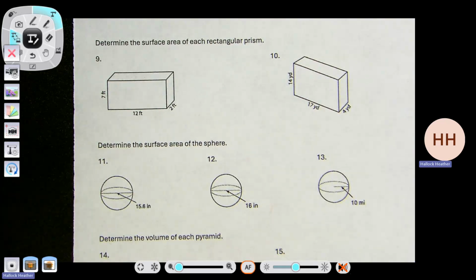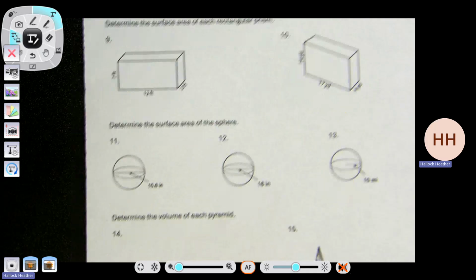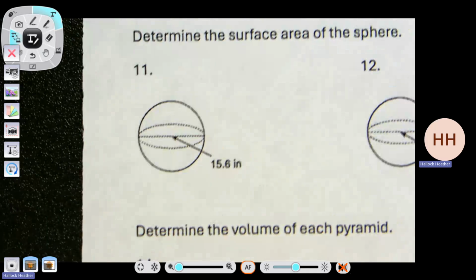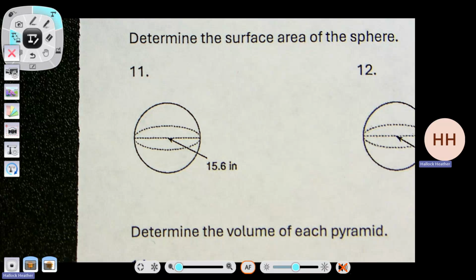Okay, on little sheet, it is just a review of 3D shapes because that is also on part 2 test because it's random. We spent like 3 weeks on shapes in the beginning of school. So we are going to do a couple together, and then that way you could just start practicing your work. 11 says, determine the surface area of each sphere.